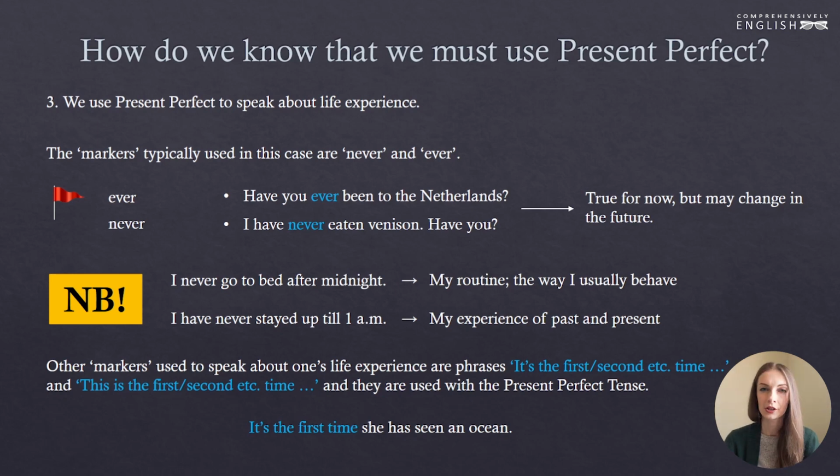Now please pay attention to a very specific marker of the present perfect tense, a very specific type of sentence in which you always should use the present perfect tense. These are sentences like: it's the first, second, etc. time, and this is the first, second, etc. time that you have done something. It's the first time she has seen an ocean.